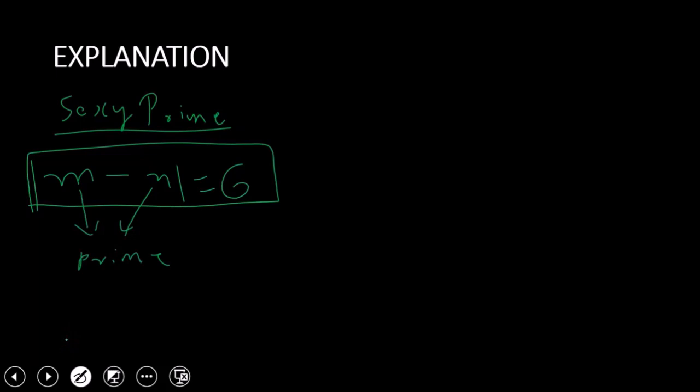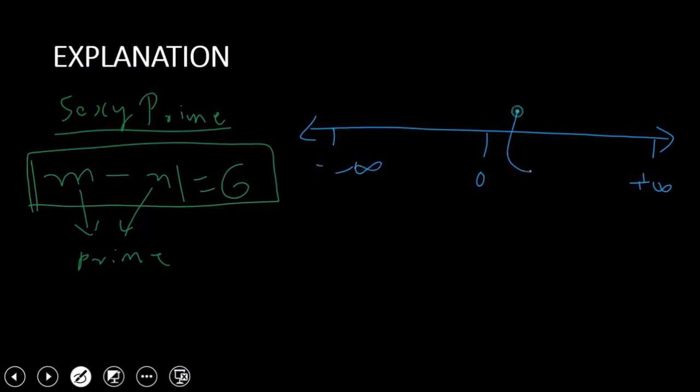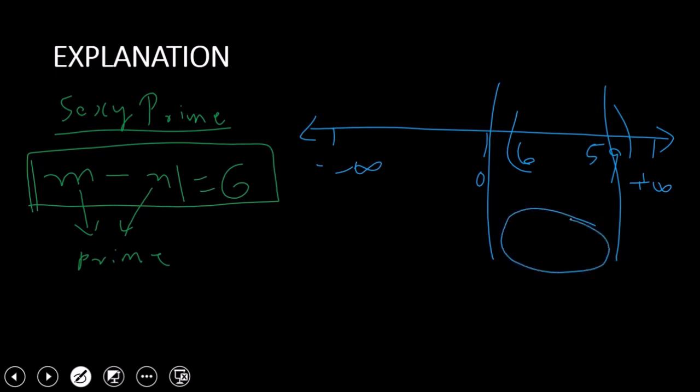Now what you're supposed to do is, so this is a number line, right? This will be 0, this will be positive infinity, this will be negative infinity. Now they will give you a range of numbers, say maybe as they have given 6 and 59, and within this range what you are supposed to do is print all the sexy primes in this range in this format.